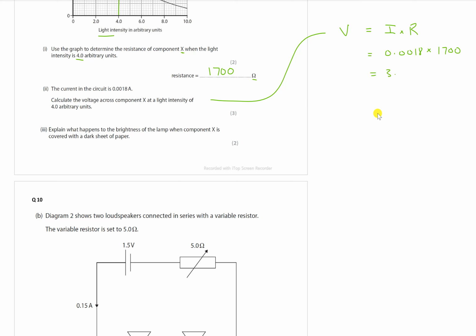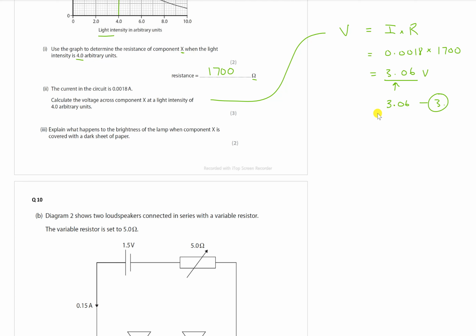And it's 3.06. Try not to round that off unnecessarily. Try not to round it off to 3, because sometimes they don't give you the mark. Physics is strange compared to the other subjects, so be careful with that.